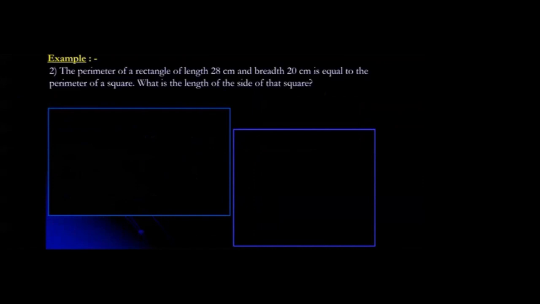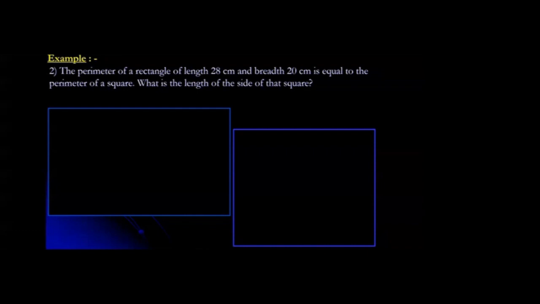Let's see another example, children. The other example is on your screen. The perimeter of a rectangle is 28 centimeter and breadth is 20 centimeter. It is equal to the perimeter of a square, and we have to find out what is the length of the side of that square. First, we have to interpret what is given in the question.